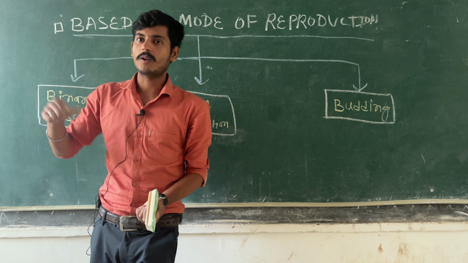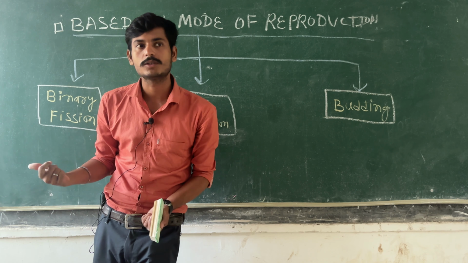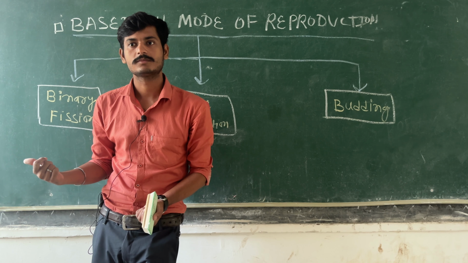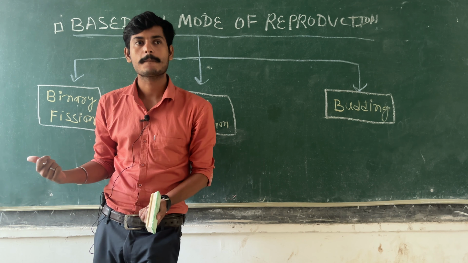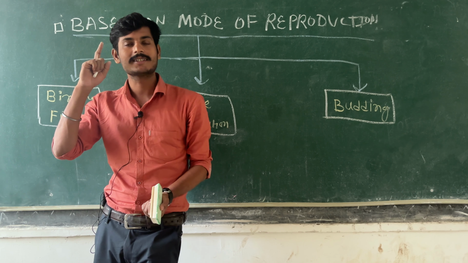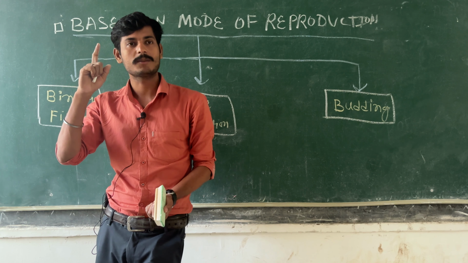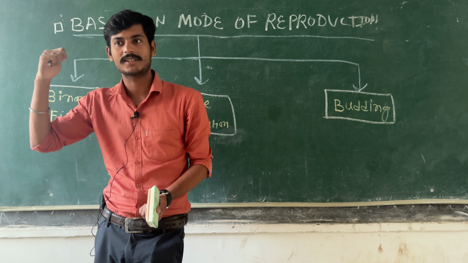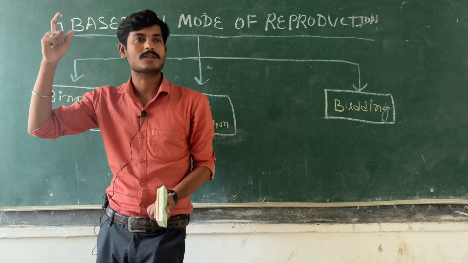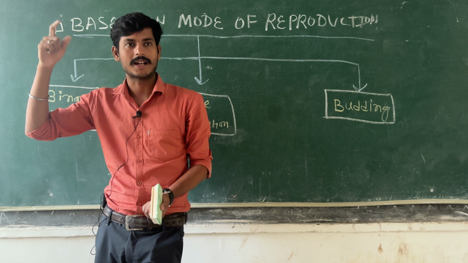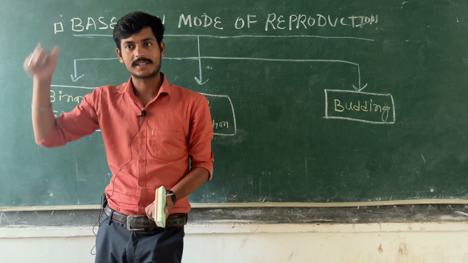Do bacteria only have asexual reproduction, or sexual too? You recall the example I cited: a very primitive type of sexual reproduction is present in bacteria. What is it called? Yes, very good, conjugation.